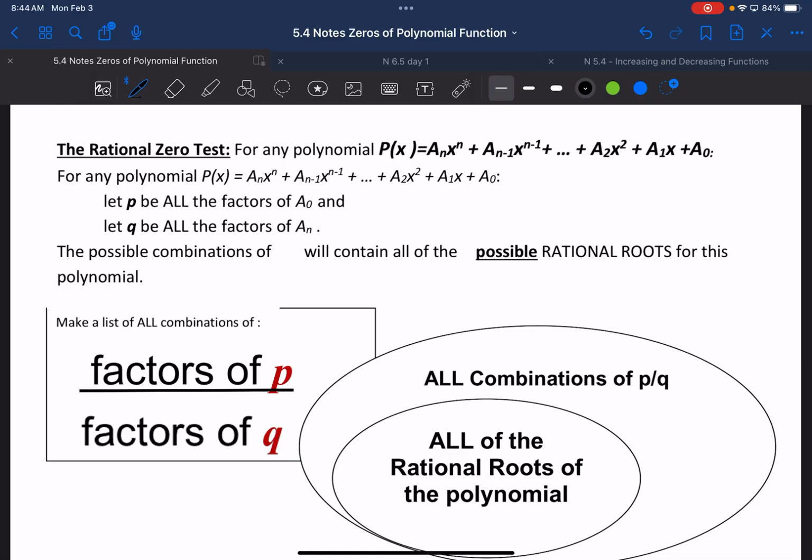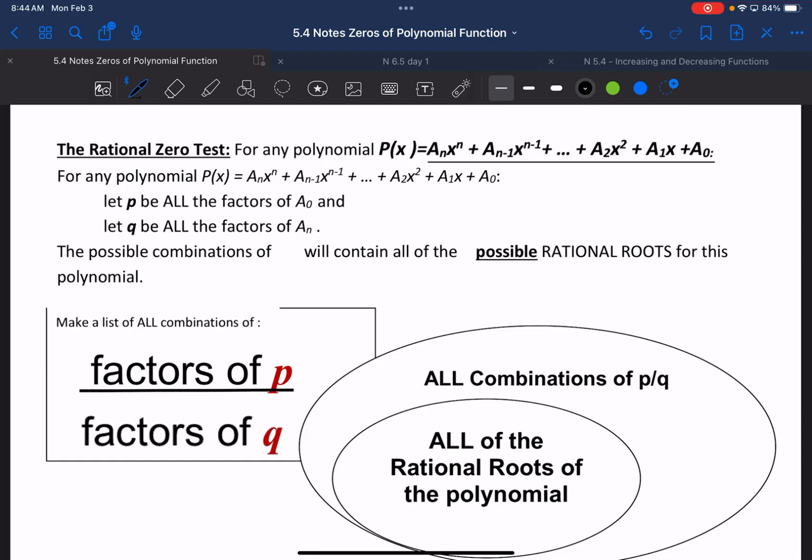And it says for any polynomial, and they use this expression for our polynomial because they're saying that the coefficient could be any number and the degree could be any exponent, right? And it's going to usually, in standard form, start with the biggest exponent, and then the next exponent's one smaller and one smaller and one smaller, right? All the way down to having no exponent, right?